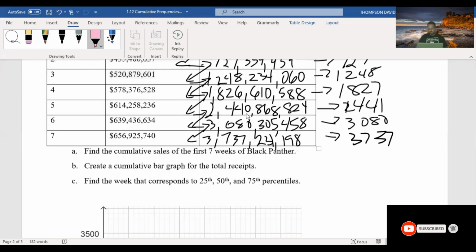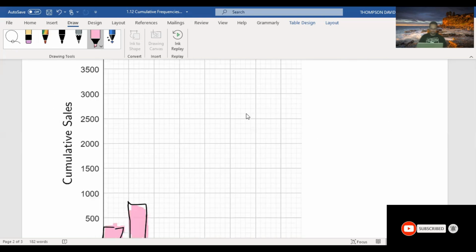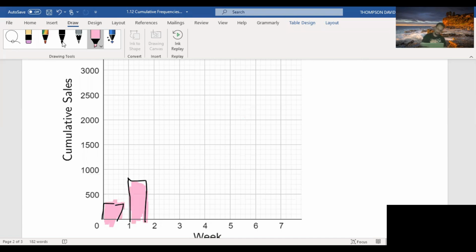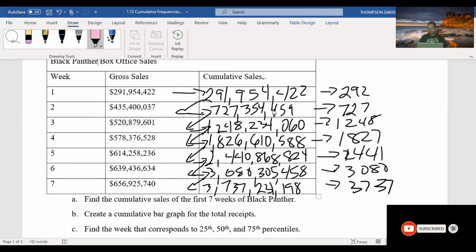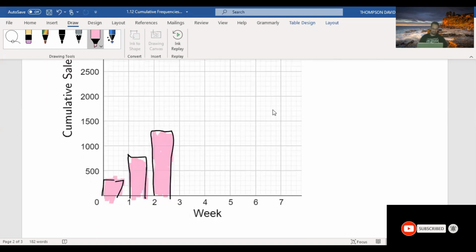Next one will go up to 1,248. So in between the 1,000 and the 1,500, and fill it in. The next one would be 1,827. So we'll estimate that to be between 1,500 and 2,000, and fill it in.